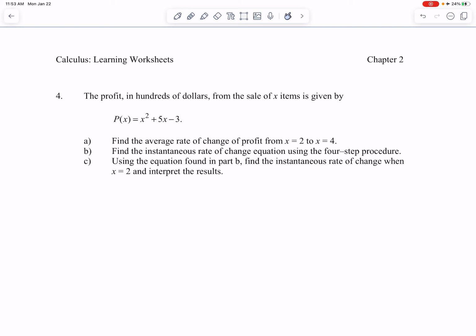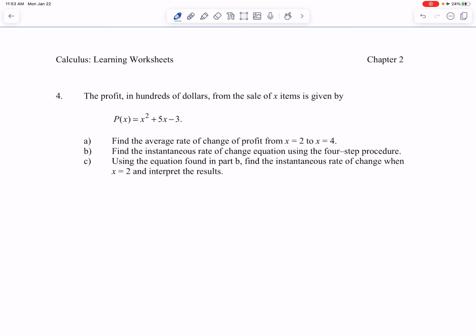Find the average rate of change of profit from x = 2 to x = 4. Find the instantaneous rate of change equation using our 4-step procedure. And then, using the equation found in part B, find the instantaneous rate of change when x = 2. And interpret. So we need to tell what it means in terms of the problem.